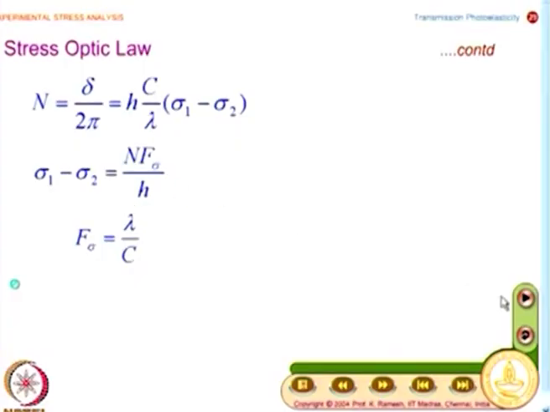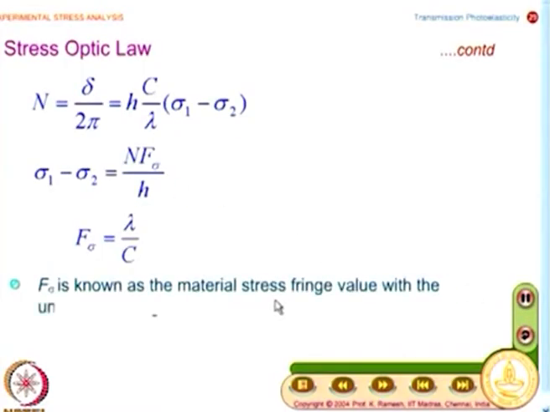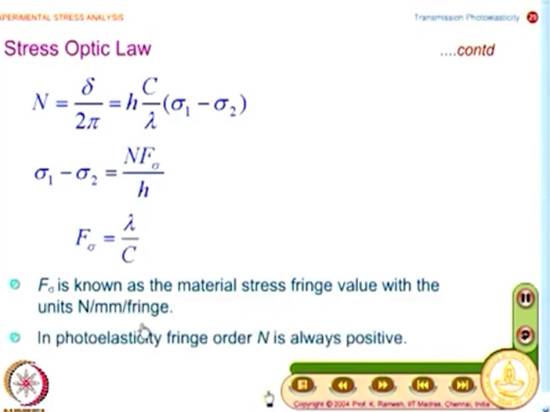Also remember, because people have introduced f sigma for convenience, and f sigma, how it is defined, this also has units of Newton per millimeter per fringe, and f sigma is known as the material stress fringe value, and this has the units like this, and when I plug in here I will get stress in MPa, that is the purpose here, and many things you can understand from this expression.